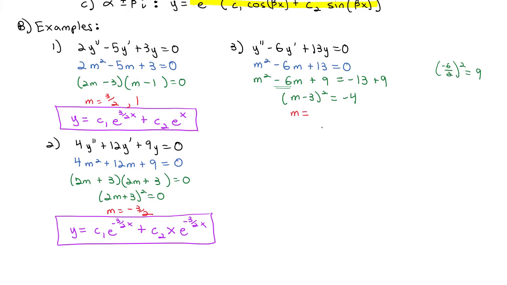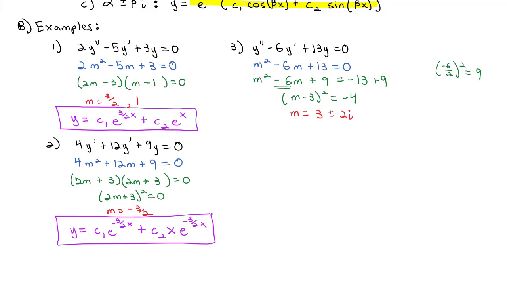And now if I take the square root of both sides and add 3 to both sides, I end up with my solution that m is equal to 3 plus or minus the square root of negative 4, which is 2i.